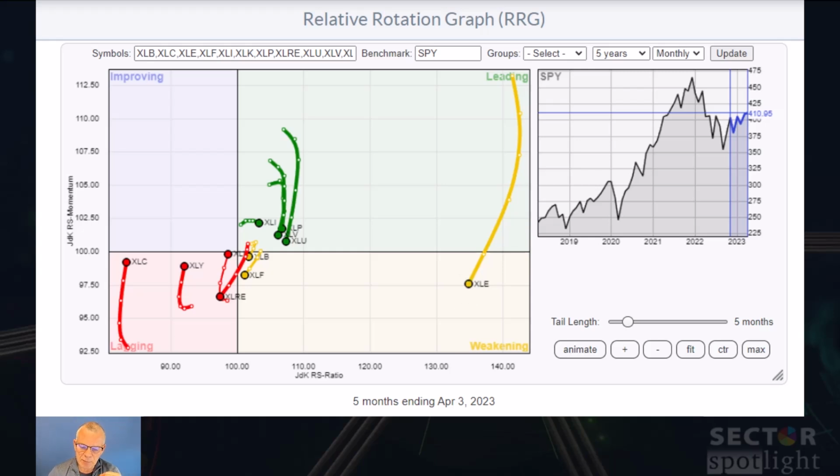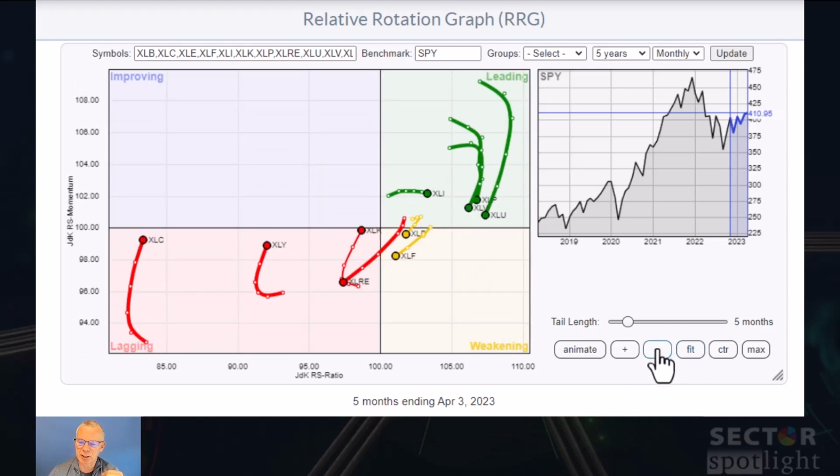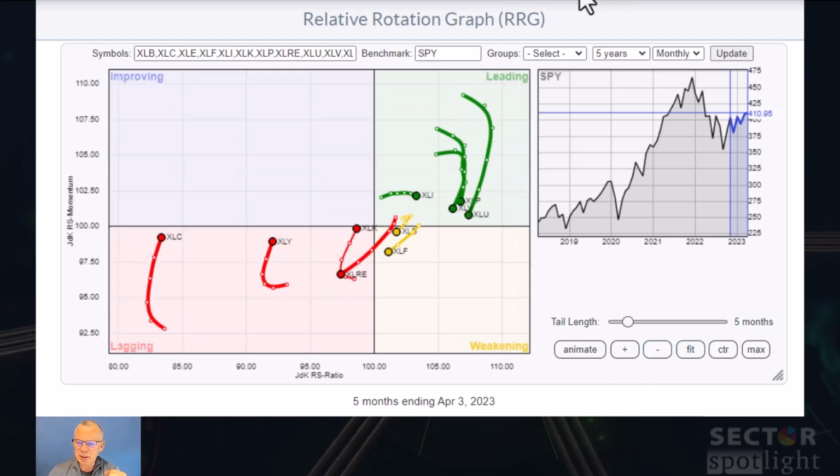So if I toggle this one off and fit the rest of the tails, then you've got the image here that I think is the most important, the most telling. You've got technology, discretionary, and communication services. These are the sectors that have been popping up in Sector Spotlight recently as being the stronger sectors in the S&P 500.